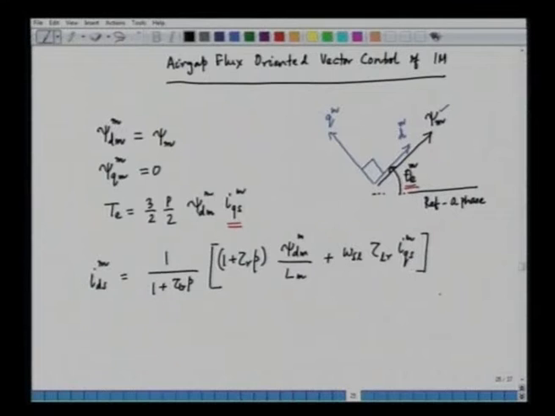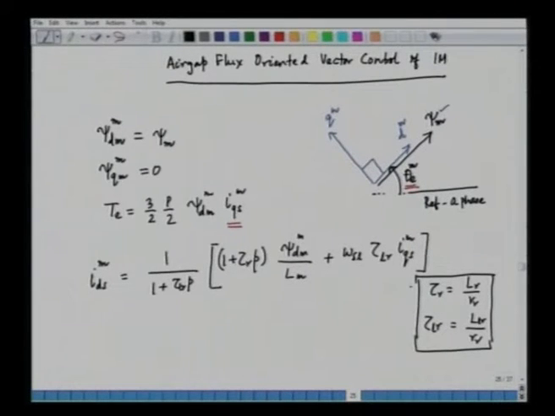And here tau R is the rotor time constant, that is equal to LR by RR, and tau LR is the rotor leakage time constant, that is equal to L LR by RR. So, this we have already seen in the last lecture.